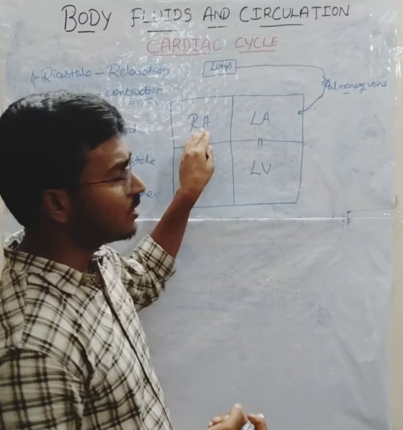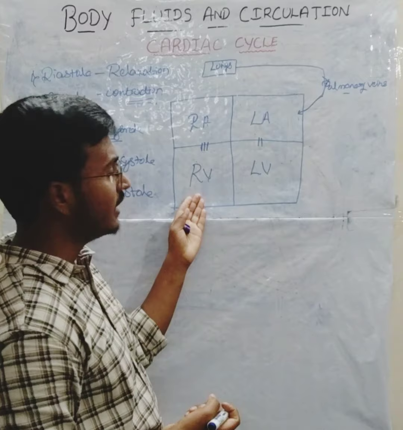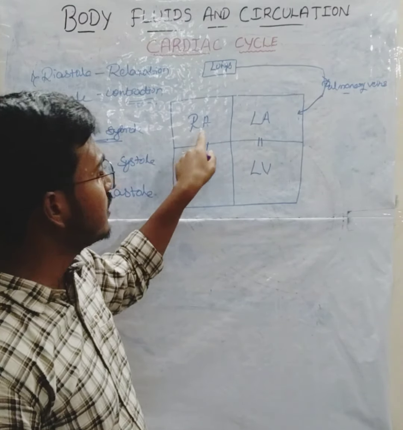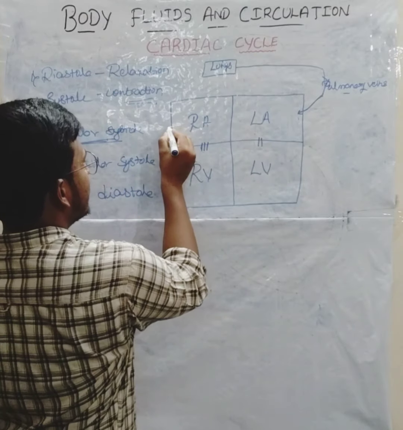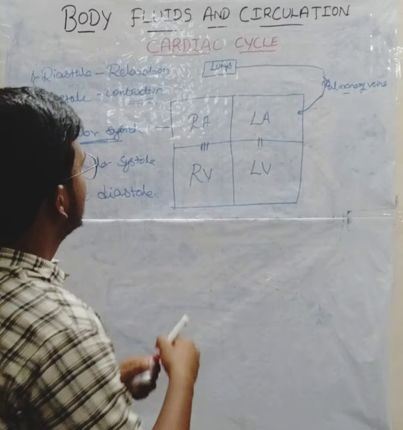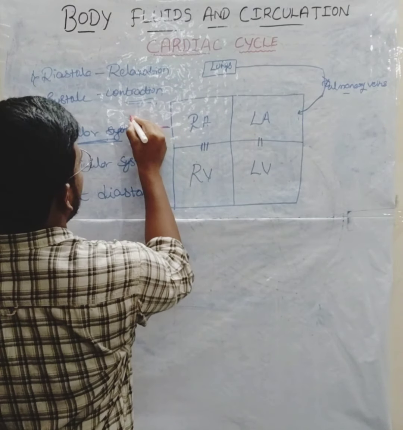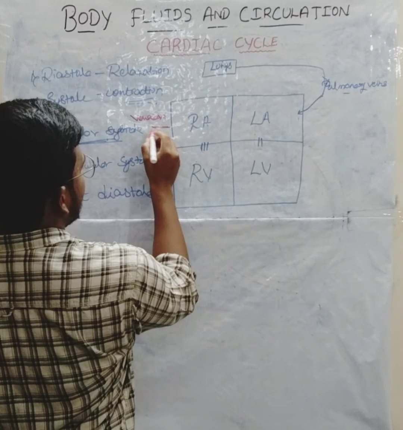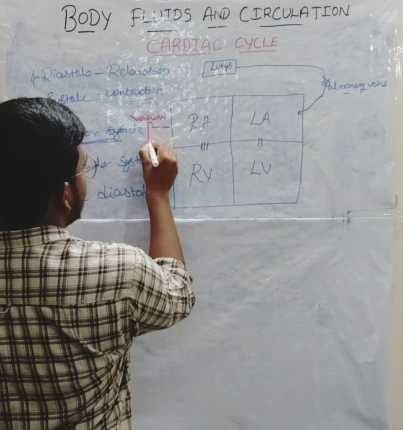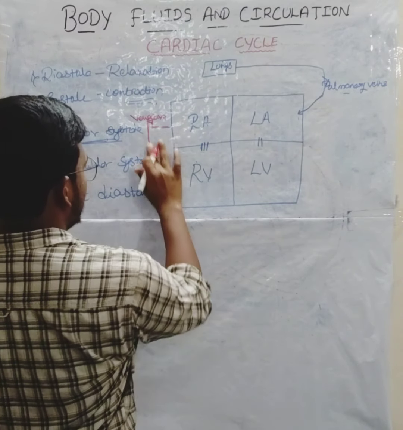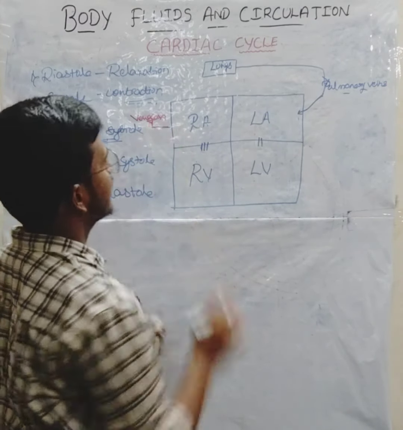So the auricles are contracting now. And the right auricle, from where is it getting the blood? I'll write in red color. From the vena cava, the blood is coming.